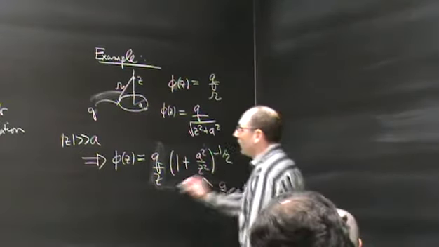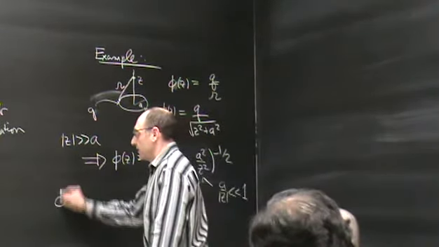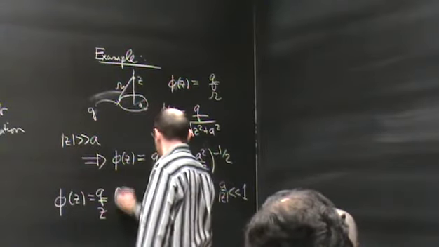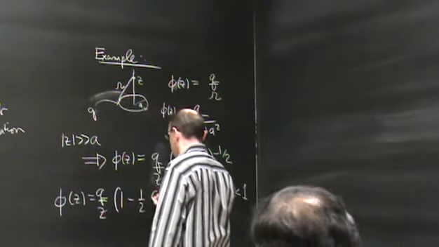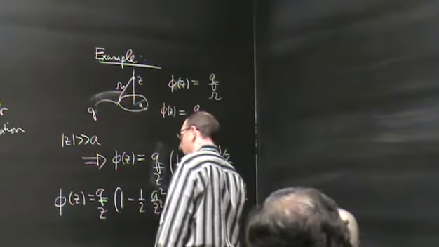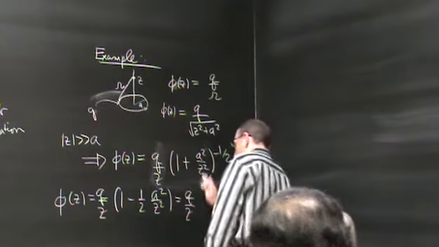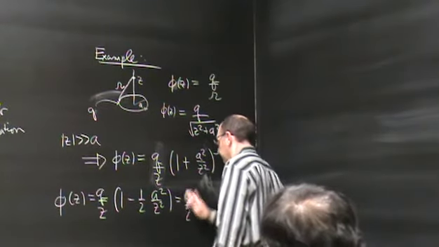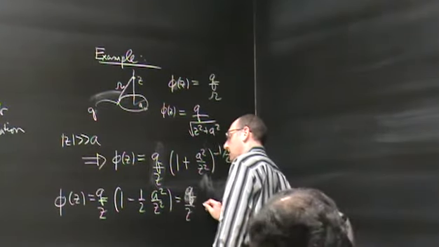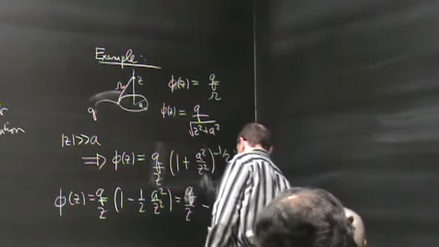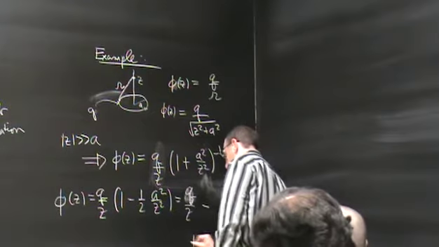So we can do a lowest order binomial expansion: 1 minus 1/2 a squared over z squared, or q over z minus q a squared over 2z cubed plus dot, dot, dot.